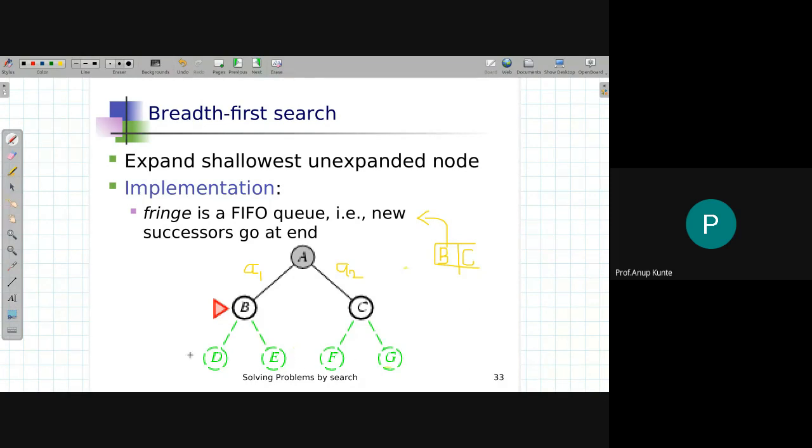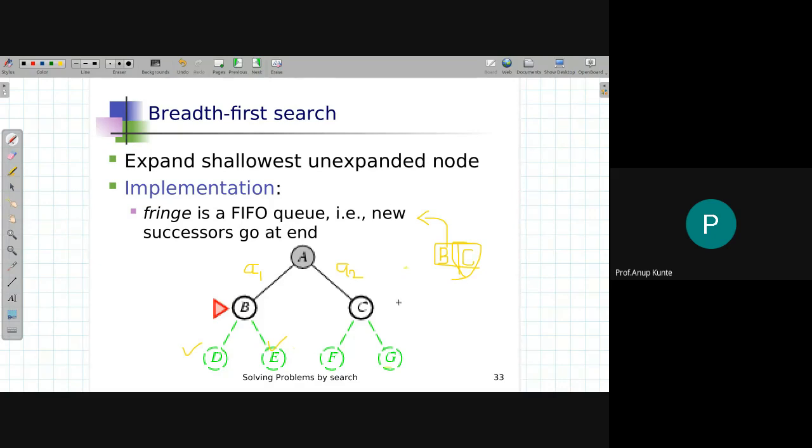Then we throw B out, and before throwing it out, we expand B. As I expand B, we generate D and E. Since C is already housed in the queue, and two new nodes, D and E, are supposed to go inside the queue, the first decision is that D comes before E, but D and E both go after C, because C is a node at a shallower depth level.